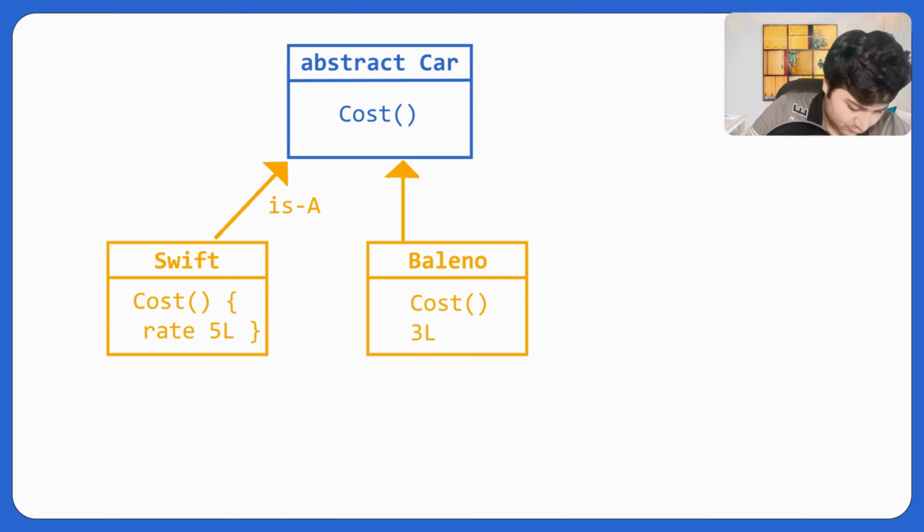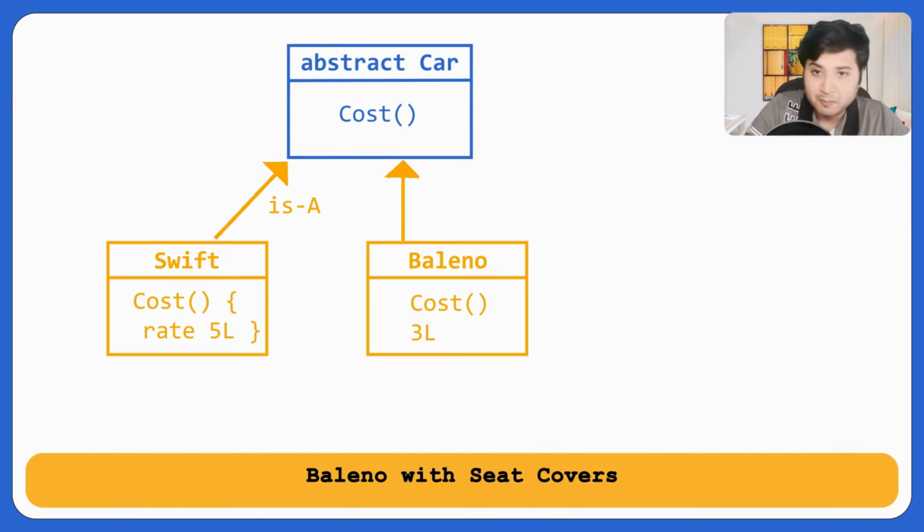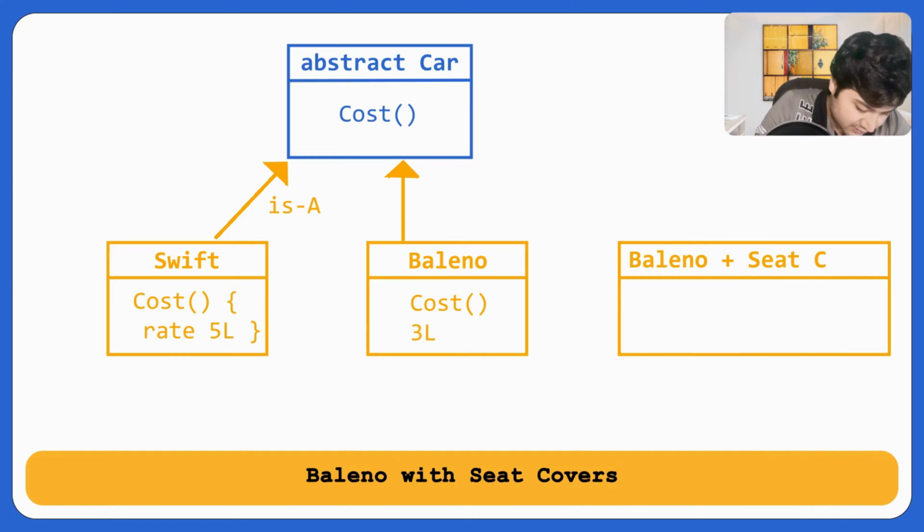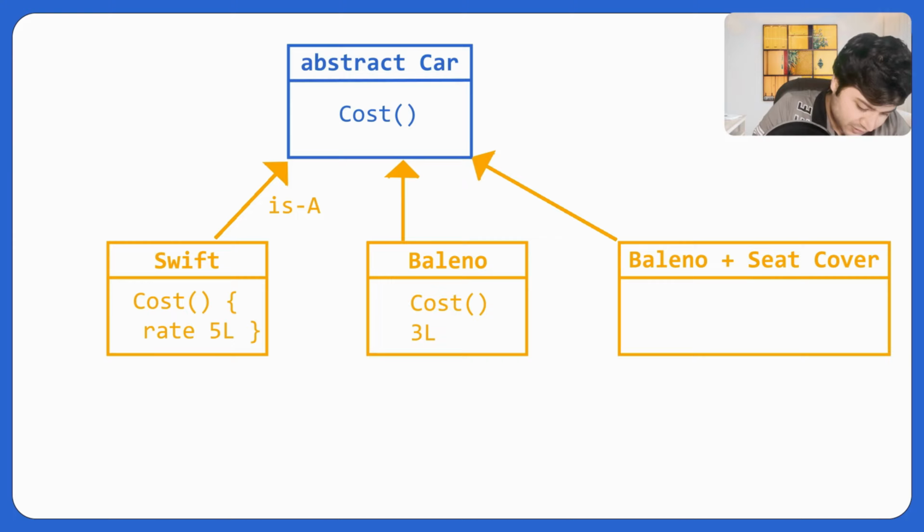If you see, there are more cars: Baleno with seat covers, somebody else can ask for it, right? So Baleno plus seat cover class would also be there because people can ask for it.